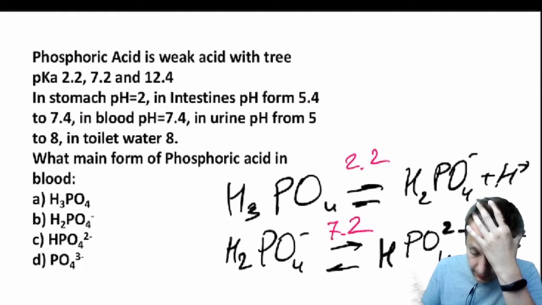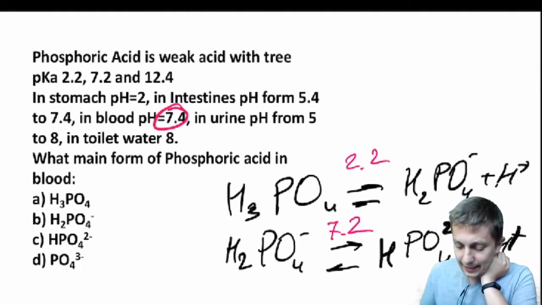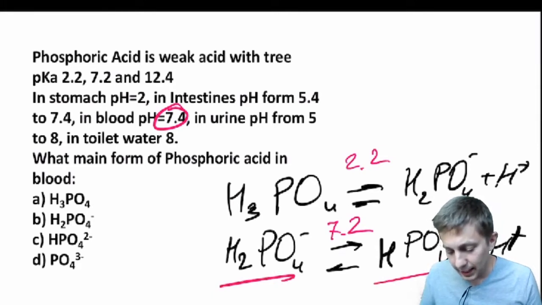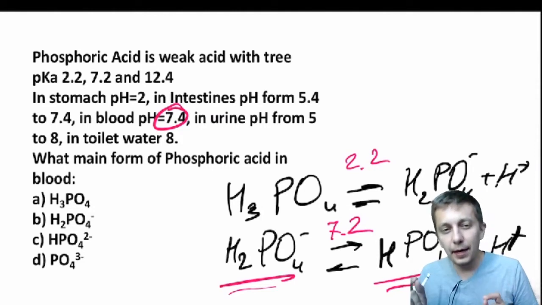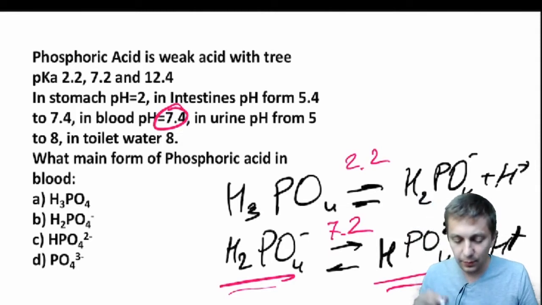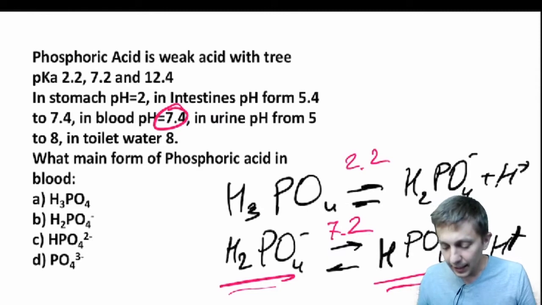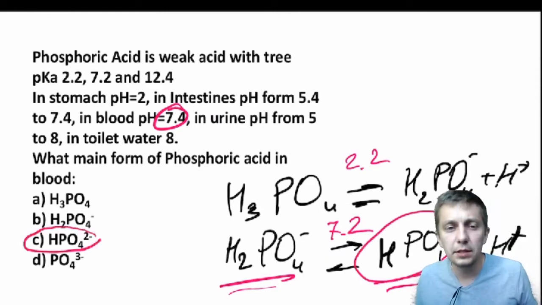In blood we have 7.4. So it's close to the case when these molecules, these ions and these ions have close to equal concentration, but because pH is a little bit higher than the second equilibrium constant for this equilibrium, it means it's the major form. 90%, it's something about 80%.